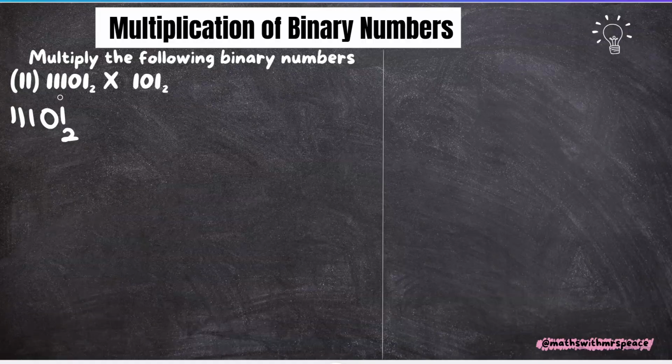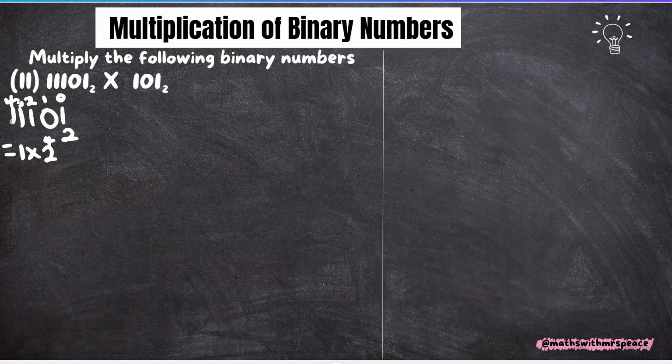So I'm going to start from here. This is going to be 0, this will be 1, this will be 2, this will be 3, and this will be 4. So I'm going to expand this so I can do the conversion. I'm just going to start writing down here so I can fit everything on one line. So this is going to be 1 times 2 raised to the power of 4.